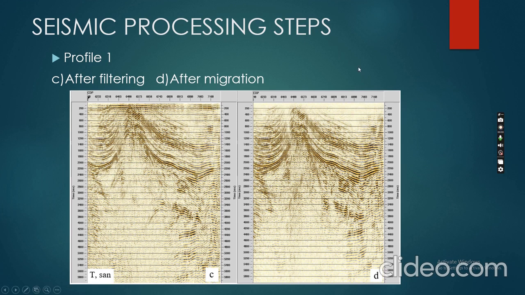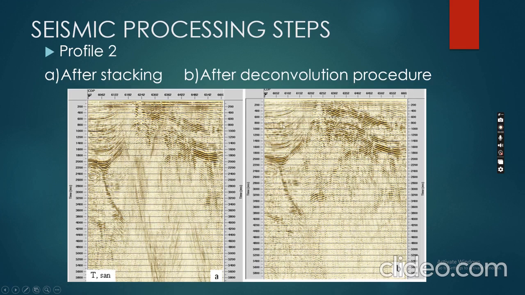In the next slide we can see exactly the same procedures applied to Profile 2.